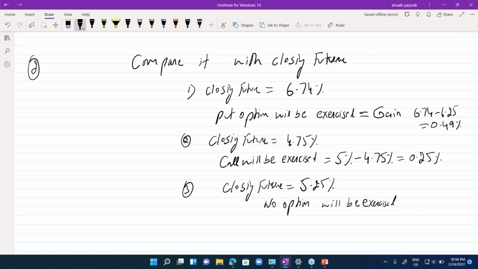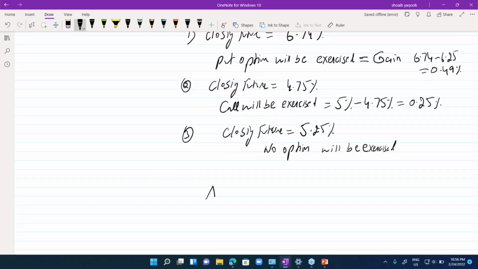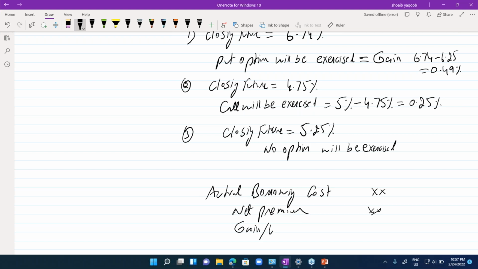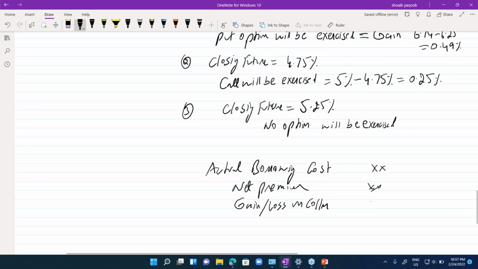Last step, actual borrowing cost, similar to what we have done in future and option. Net premium, gain or loss on the collar, net cost.